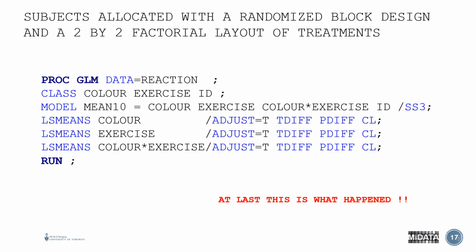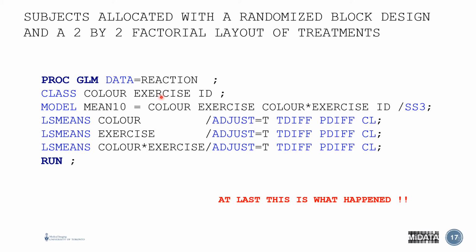Okay, finally we get to the allocation of treatments as a randomized block design, which we just saw, but this time with the 2 by 2 factorial layout of the treatments, which is actually what happened in our study. As you can see in terms of code, not a big surprise.